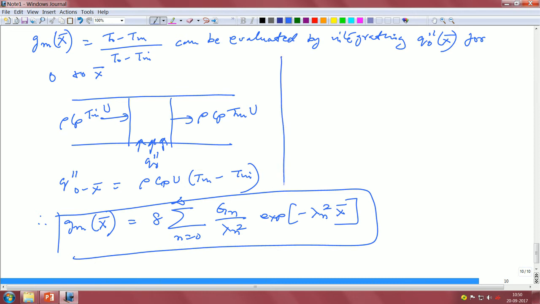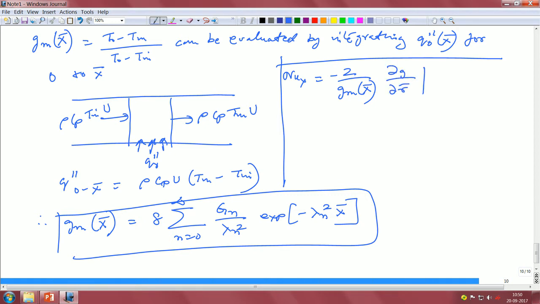Then of course, you still have the Nusselt number. The Nusselt number is basically given by minus 2 by Gm(x bar) times dG by dr bar at r bar equal to 1.